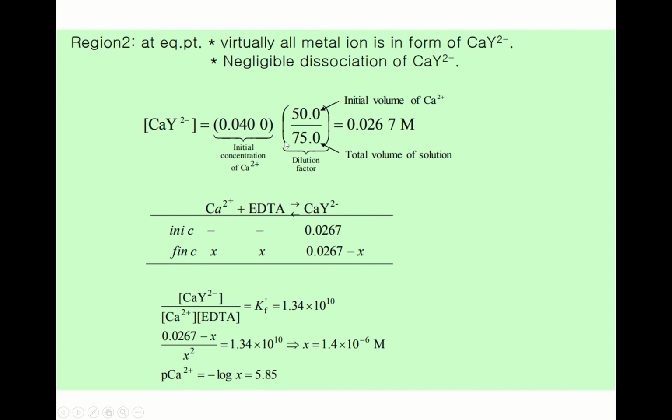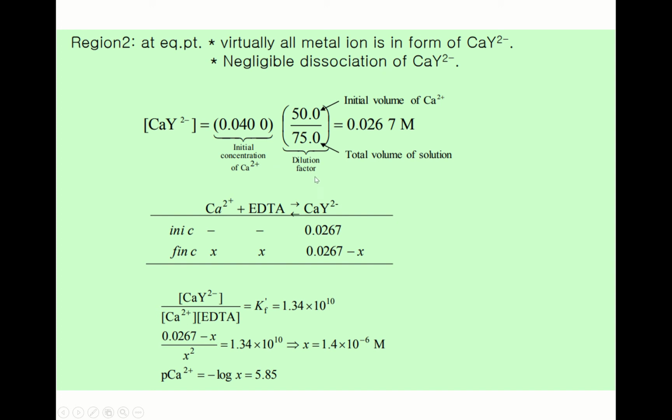We have to consider the volume increase, this correction factor. This is the initial concentration of calcium ion, multiplied by 50, the initial volume of calcium ion, and then divided by the total volume, which is 75, and we get 0.0267 molar.